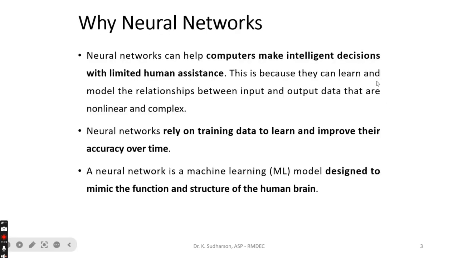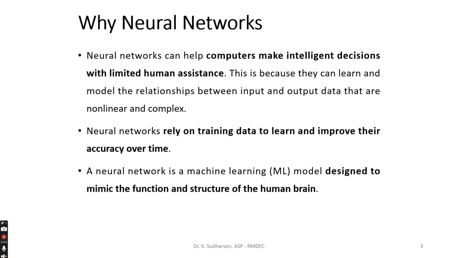What is why neural networks? Neural network can help the computers to make intelligent decisions with limited human assistance. Any field you can take. We have to analyze the data and we need to predict the exact solution. In the medical field, we need to predict the diseases.